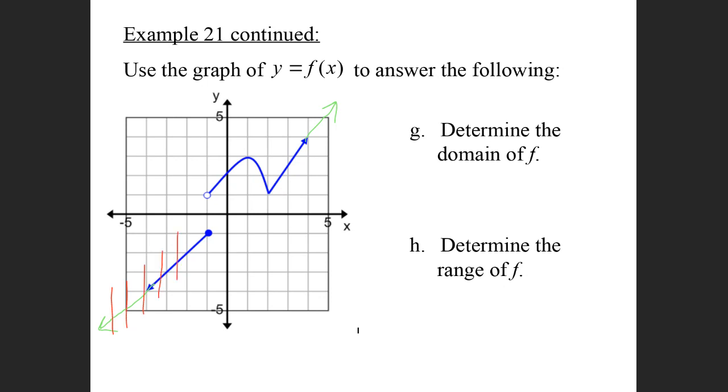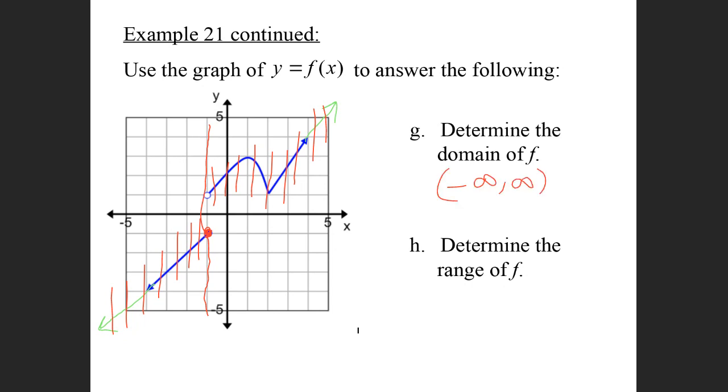Nothing will happen except at 0, at minus 1. Minus 1 is also included because we intersect the function at this point, and keep rolling. So from minus infinity to infinity represents the domain.